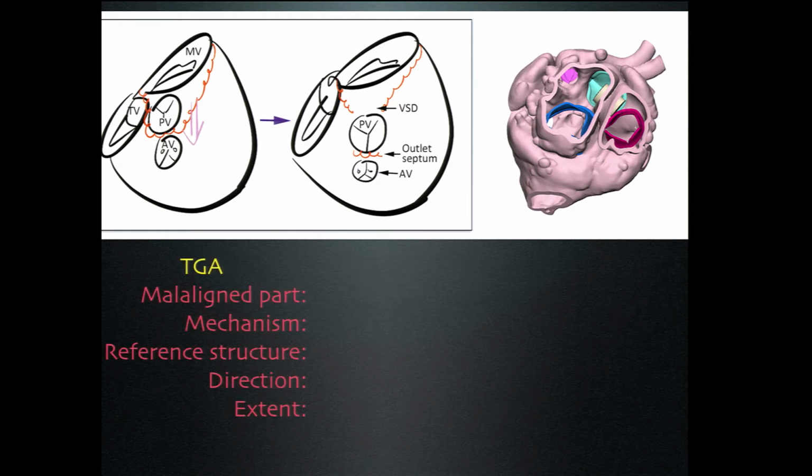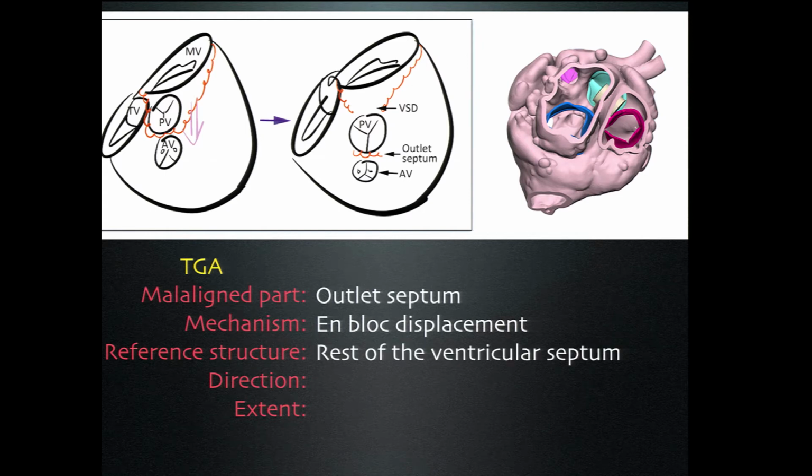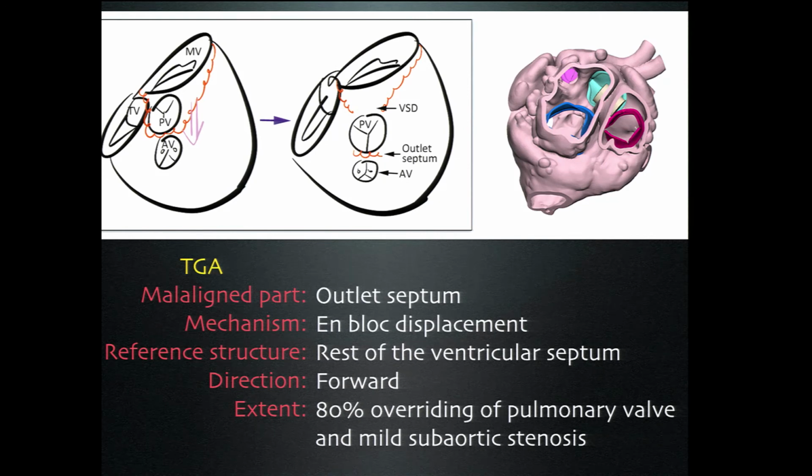So the malalignment part is the outlet septum in the presence of TGA morphology, and the mechanism is en bloc forward displacement. The reference structure is the rest of the ventricular septum. The direction is forward. The extent is enough to cause 80% overriding of the pulmonary valve and mild subaortic stenosis.